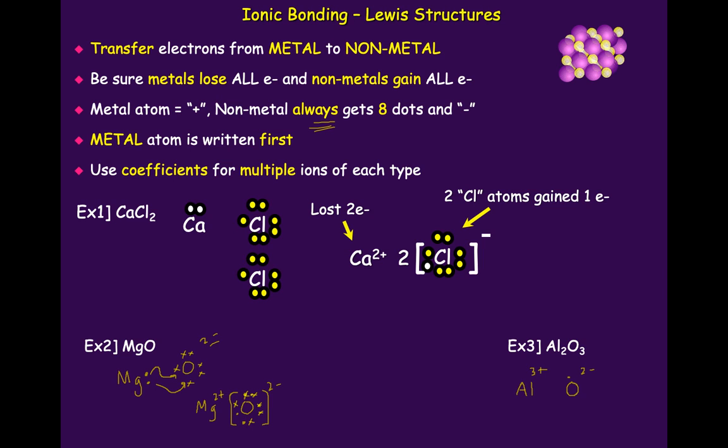Give the oxygen 8 dots. Take the subscript from aluminum, put your non-metal in brackets like you're supposed to, take the subscript from the non-metal, put it in front, and there is your structure.